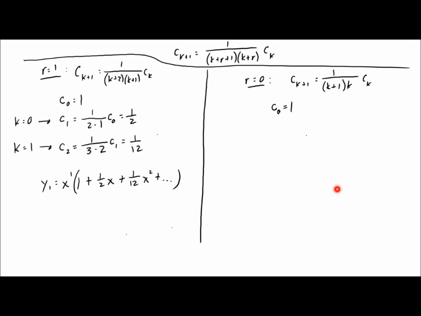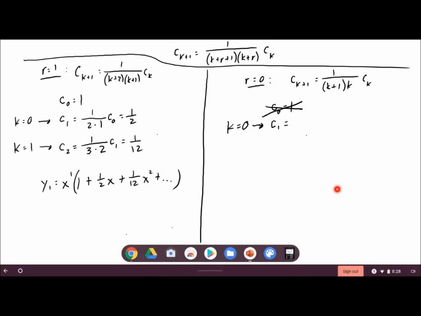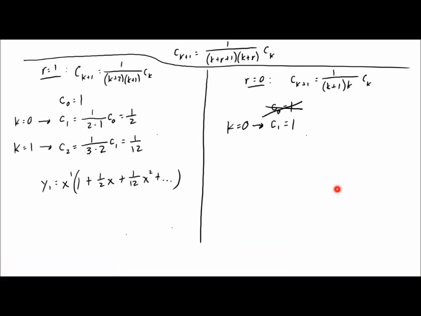Notice that in that case, to find c1, I would have to plug in k equals 0. And of course, I can't plug in k equals 0 because that would make me divide by 0. This is not going to work out. So I'm going to not start at c0, but instead I'm going to start at c1. I'm going to let c1 equal 1, and we're just going to ignore the c0.